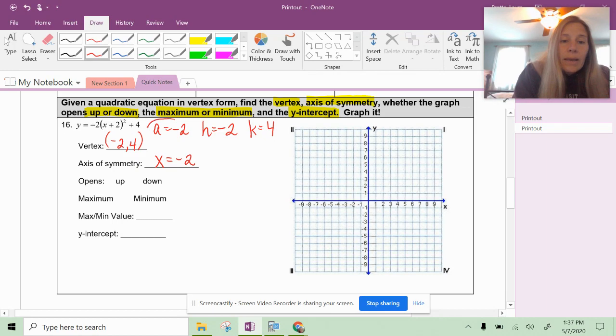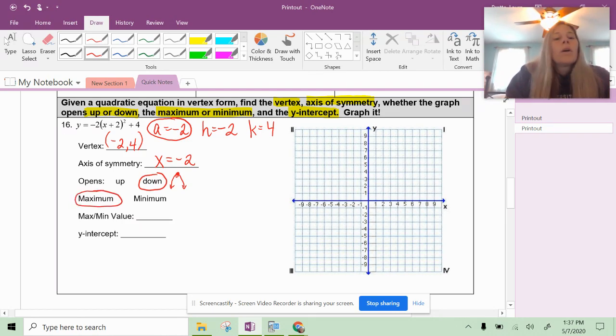Now, since our A value is negative 2, that means this is going to open down, right? And that means our vertex is going to be a maximum. So what is that maximum or minimum value? Well, it's just your vertex, right?